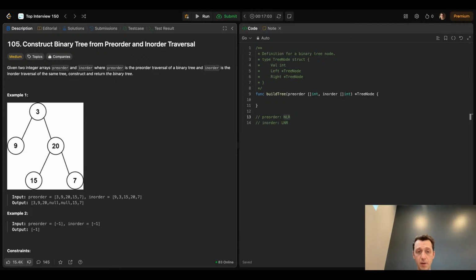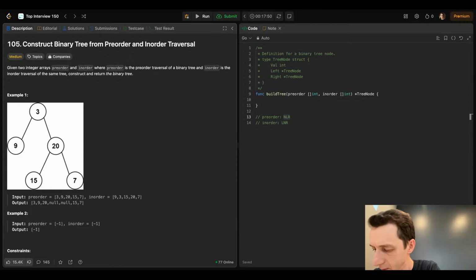okay, 3. We know 3 is a node. So this is like 20, 15, 7.